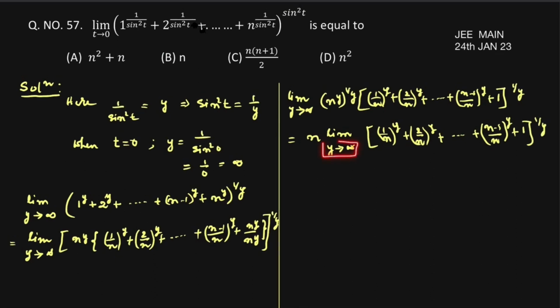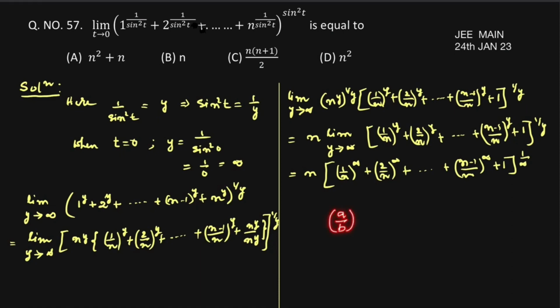So here y tends to infinity, so in the place of y we put infinity, which gives n times (1 by n to power infinity plus 2 by n to power infinity plus n minus 1 by n to power infinity plus 1) to power 1 divided by infinity. So we know that any fraction to power infinity tends to 0.